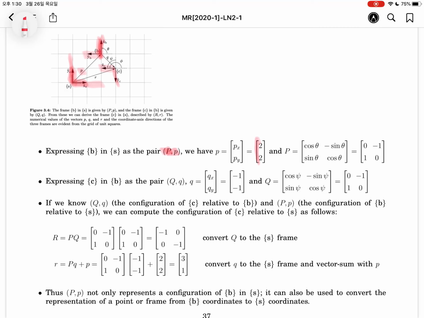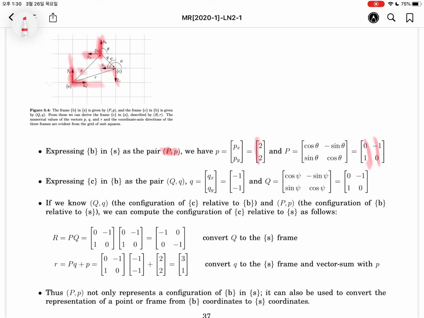It means (0, 1), so we have the first column. And YB can be read in terms of S as the minus XS direction, so (-1, 0) will denote the YB axis.